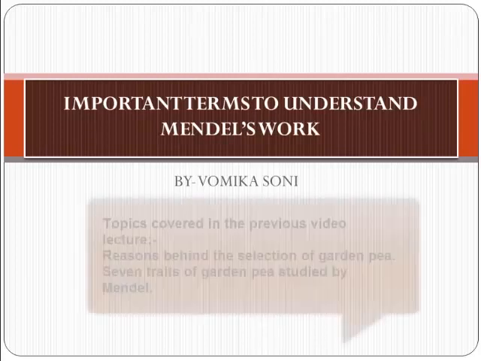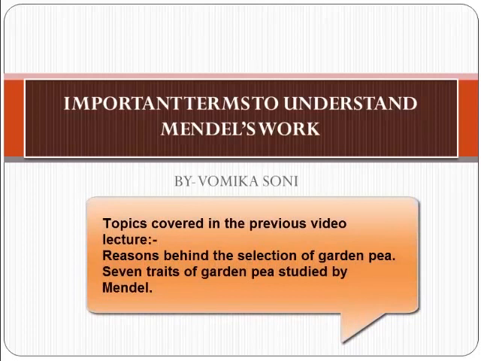Pisum sativum is the scientific term for the garden pea. Also, I have told the 7 contrasting characteristics that were studied by Mendel during his experiment. You can refer to my previous video lecture for all these information.